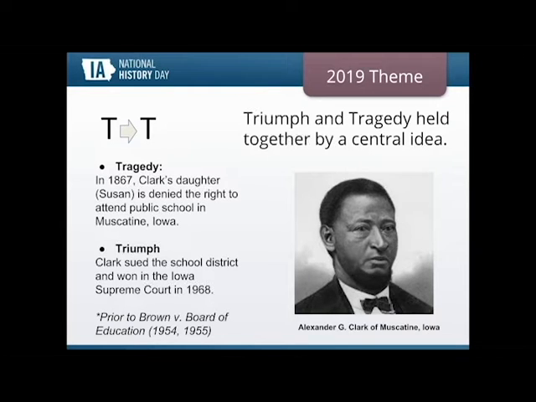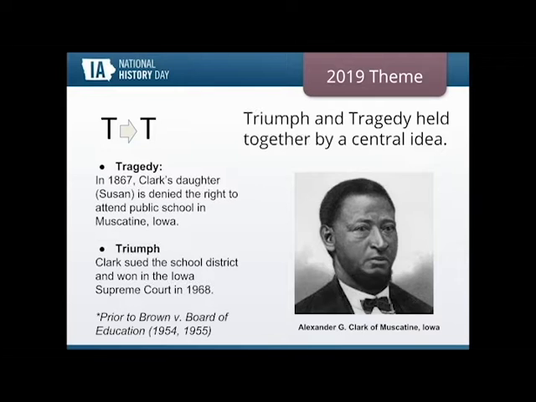The first one I want to talk about is that triumph and tragedy can be held together by a central idea. Of course, I made a couple connections to Iowa-specific topics, but let's look at Alexander G. Clark of Muscatine, Iowa. Alexander Clark was a successful businessman, lawyer, editor, and speaker, and in 1890 was actually appointed by President Benjamin Harrison to be the Minister and Consul General to Liberia.